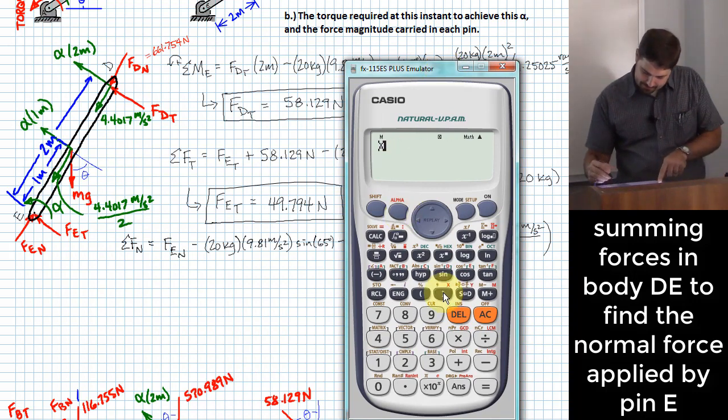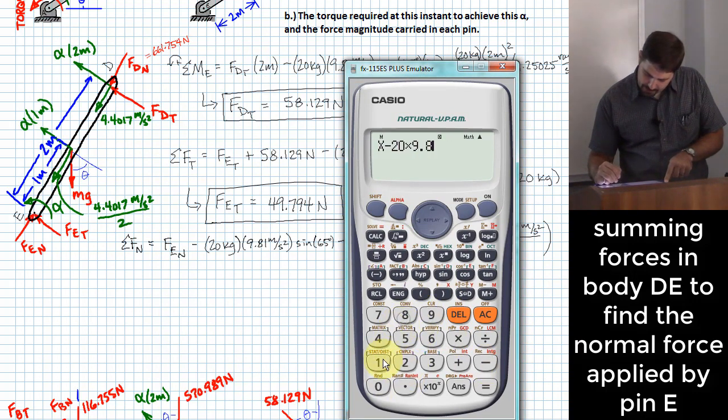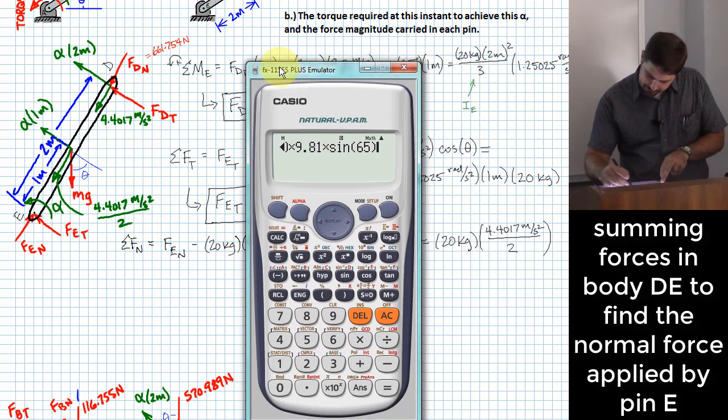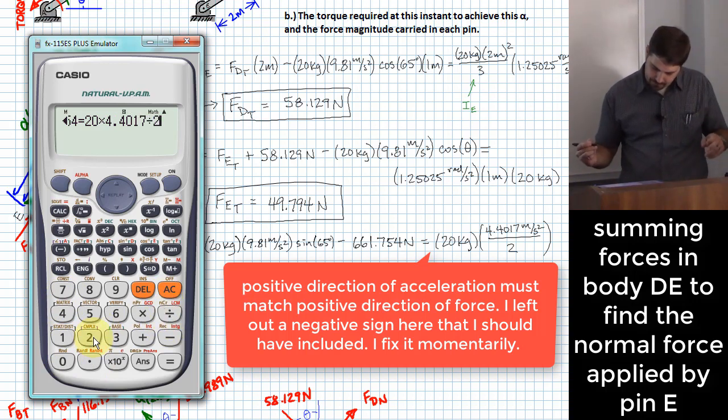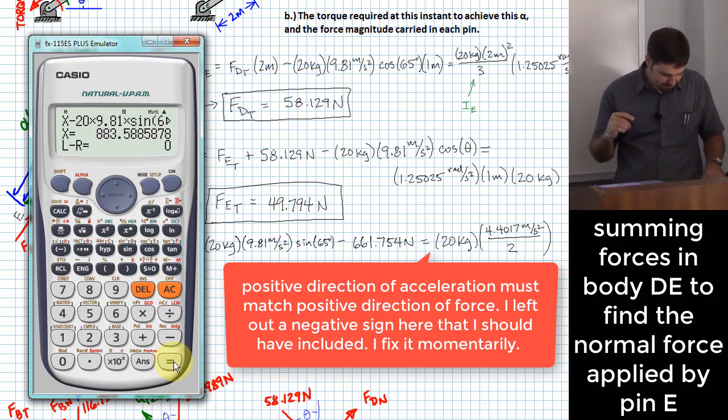So x minus 20 times 9.81 times the sine of 65 degrees minus 661.754 is equal to 20 times 4.4017 divided by 2. You also got that?